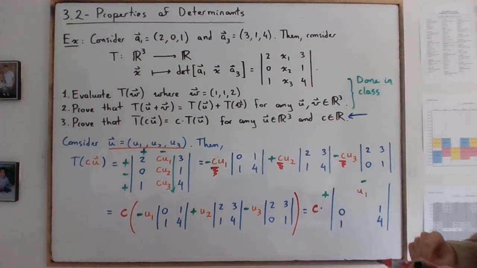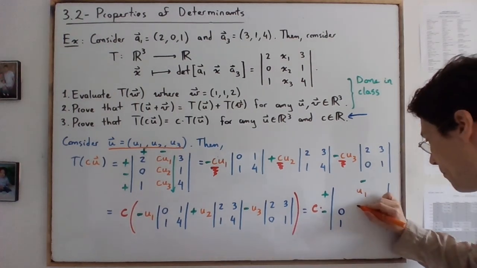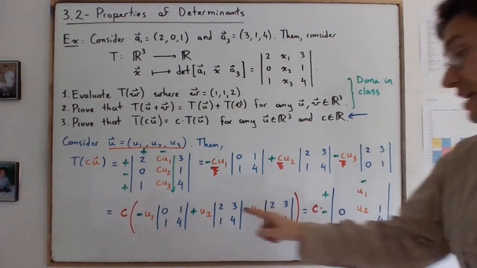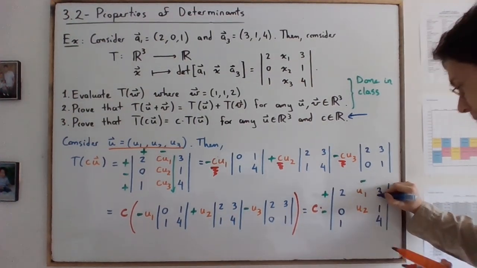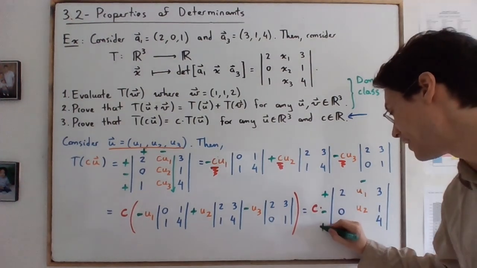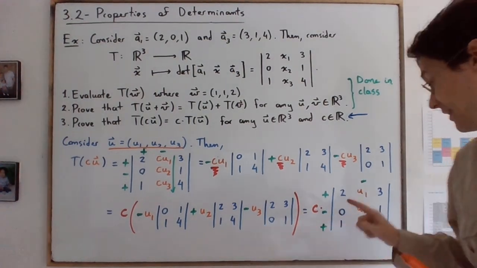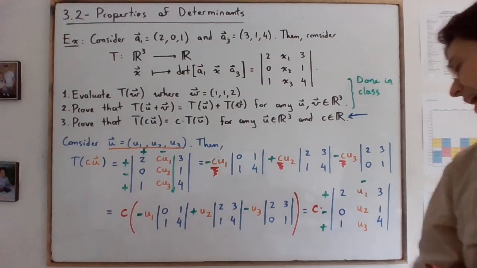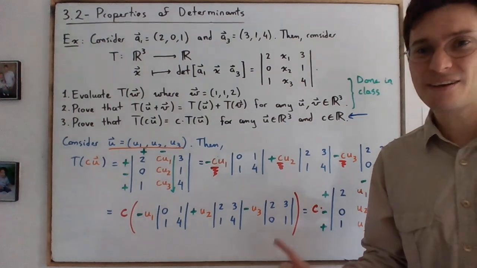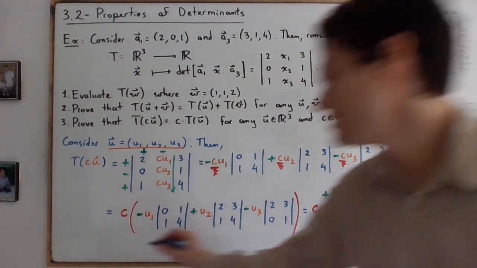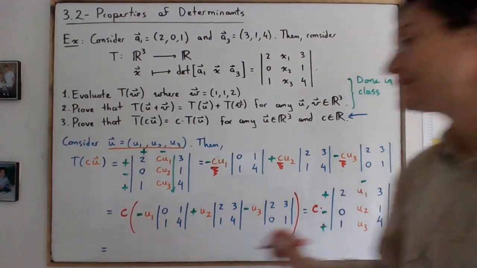Then the cofactor expansion takes care of the u2 over there, and its determinant is 2, 3, 1, 4. That's what goes on the top row. And finally, we have the u3 that goes here, and let's check that the determinant is valid, 2, 3, 0, 1, which is exactly what we have. As you can see, what we discovered is c times T of u.